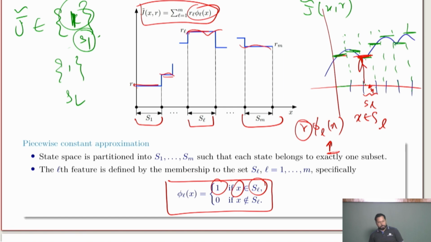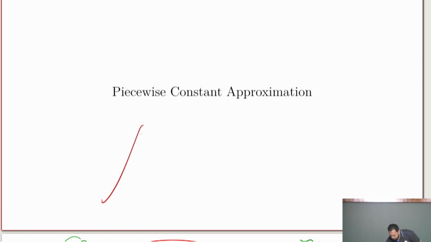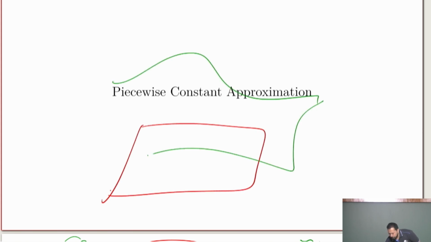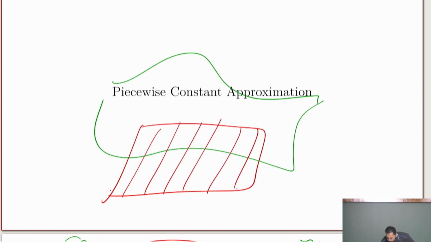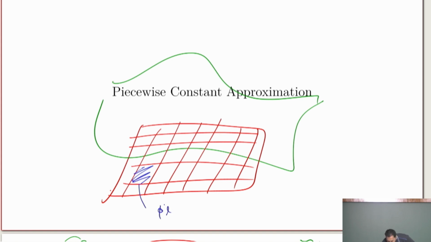And you can do it in 2D. It's not necessarily 1D. We can think of a 2D example where we have a cost function here, and we will divide this into these small planes, and the basis function will be defined for this region. Okay, so let us say this is our phi L.